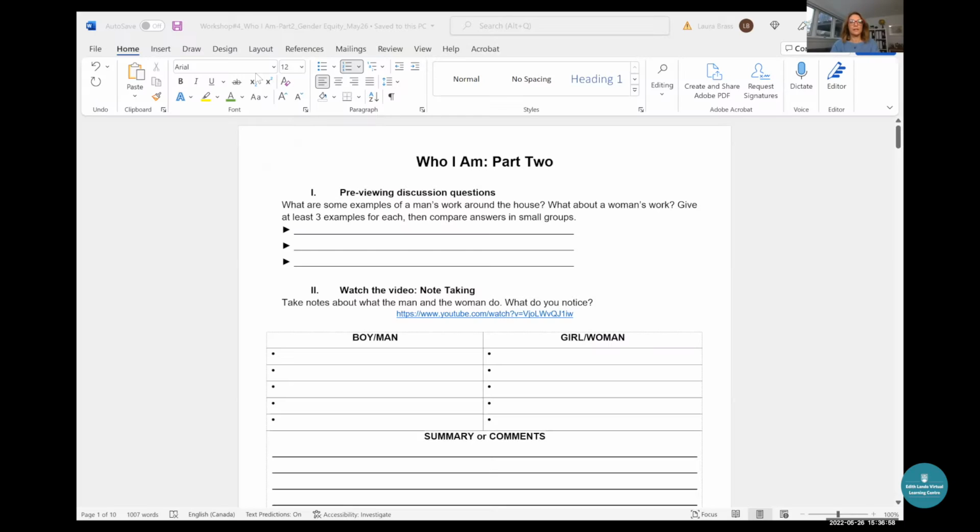So let me just go ahead and share my screen. All right, so before we watch a very short video, we have a couple of previewing discussion questions. So what are some examples of a man's work around the house, and what are some examples of a woman's work around the house? And this also ties into last week's discussion, and maybe also hopefully into your own lived experience, as long as you are willing to share.